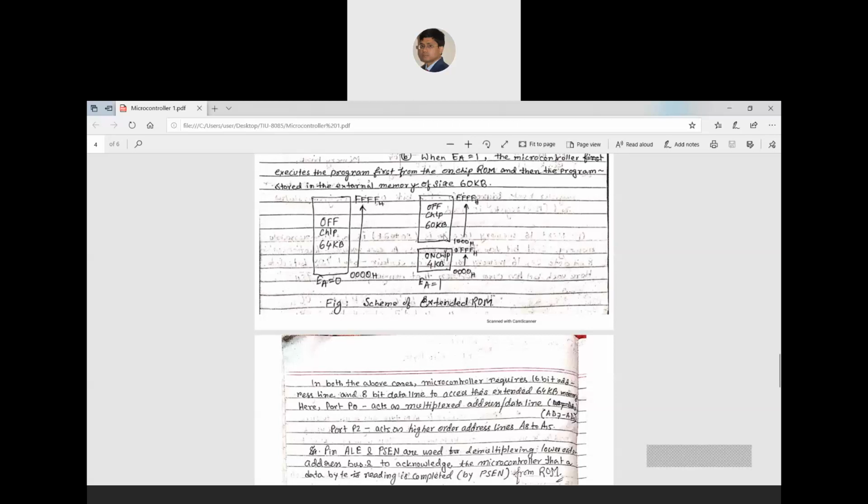Nothing but 4 kilobyte. So I have written here 60 kilobyte. That means in the off chip I can use only 60 kilobyte, and I can use only 4 kilobyte of the internal chip. If I combine these two sizes, then I get 64 kilobyte of memory space.